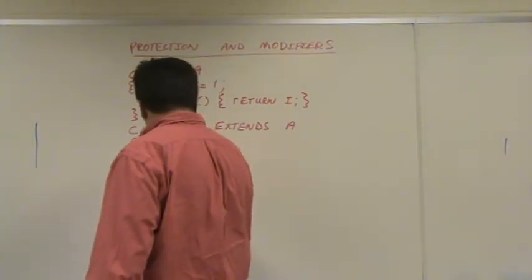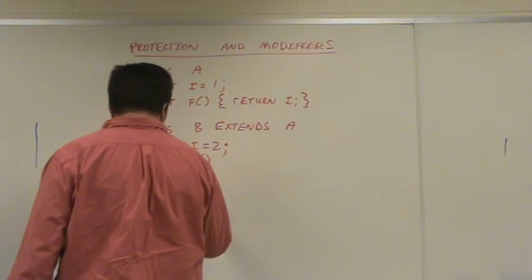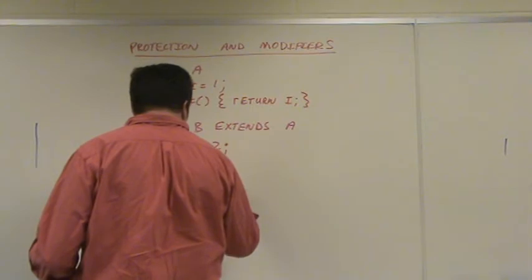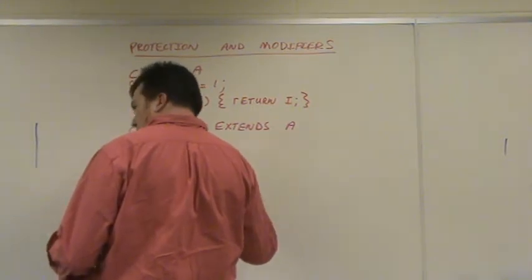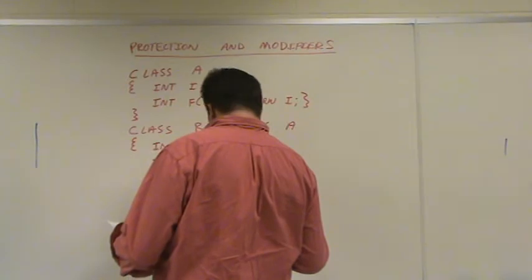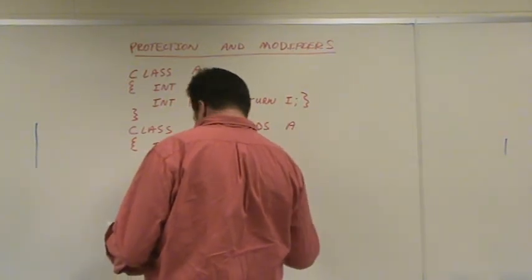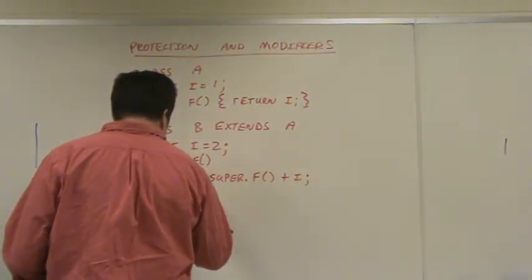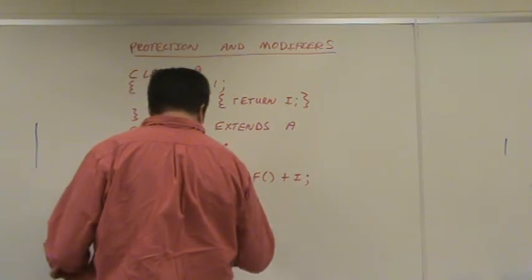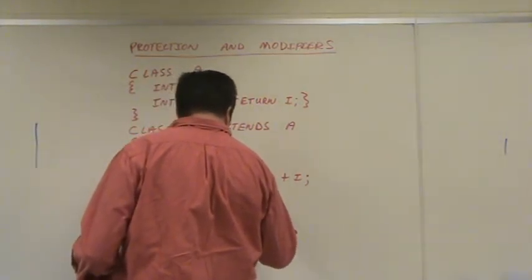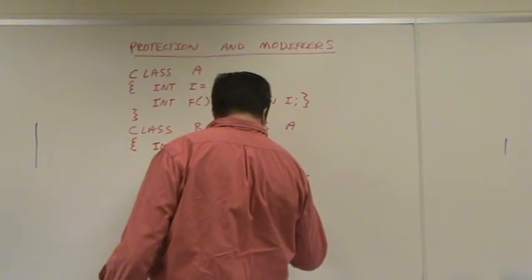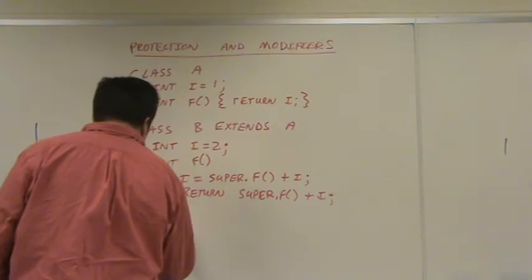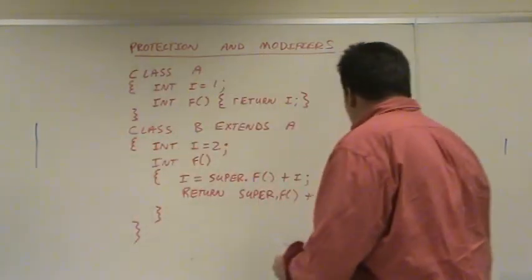And let's say the body of this function says I equals super plus I, and then return super plus I, just to add a little confusion. Would you want to allow this?